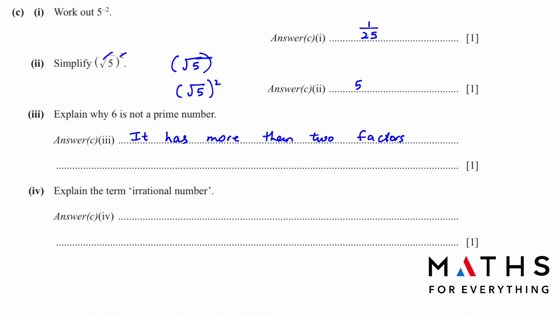Irrational number is a number that cannot be written as a fraction.